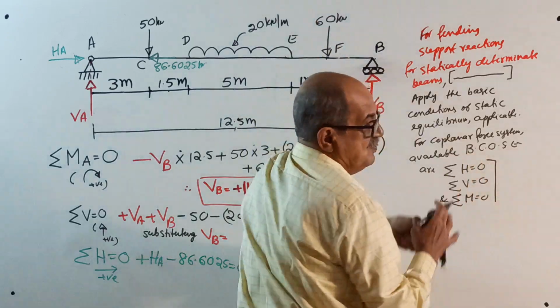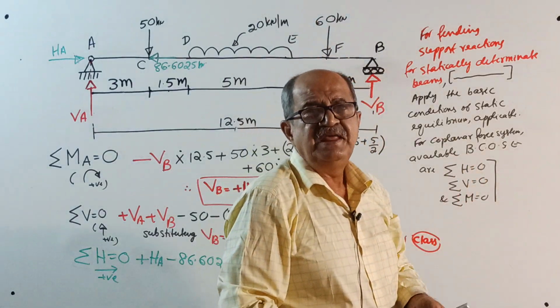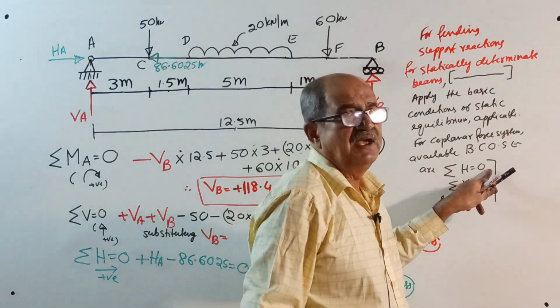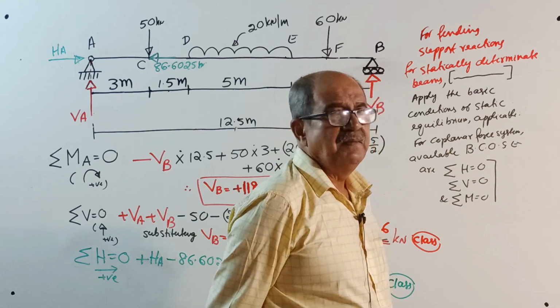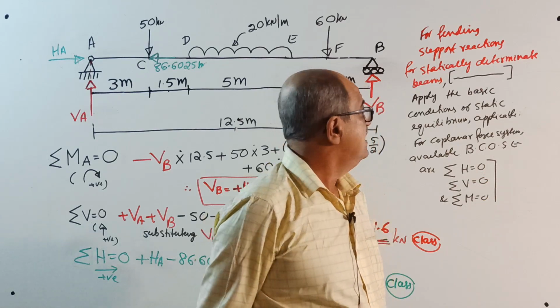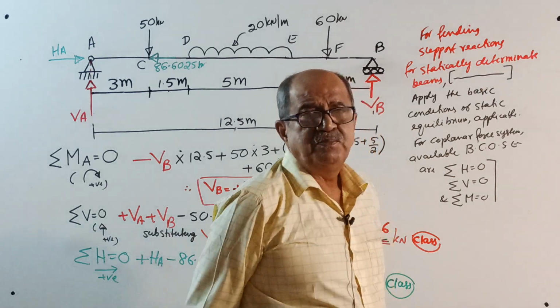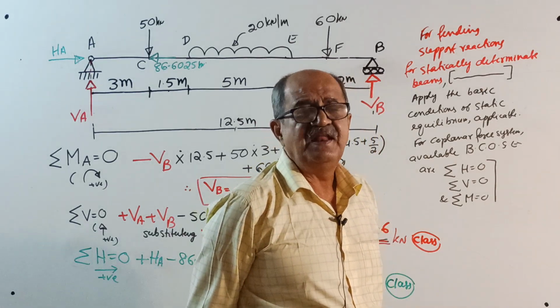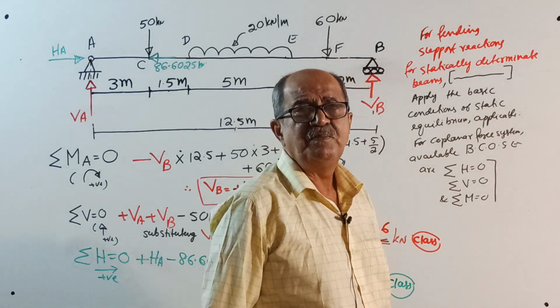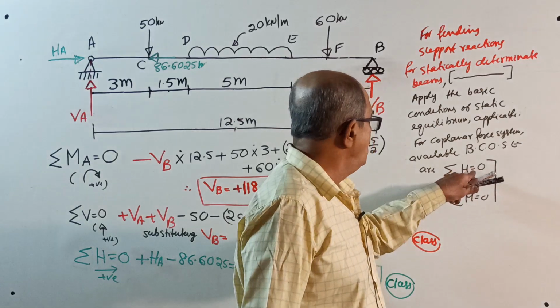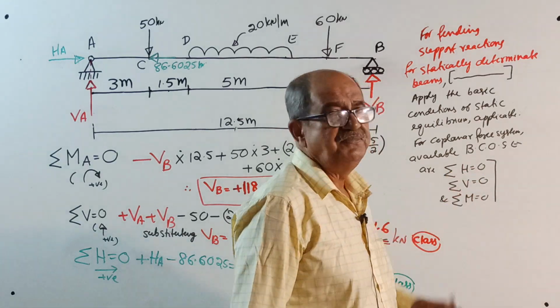Okay, right here. In engineering mechanics you used to call sigma Fx equal to 0, sigma Fy equal to 0, and sigma M equal to 0. But from now onwards, for support reactions and full structural analysis, and also for SFD BMD in strength of materials, we will apply sigma H = 0, sigma V = 0, sigma M = 0.